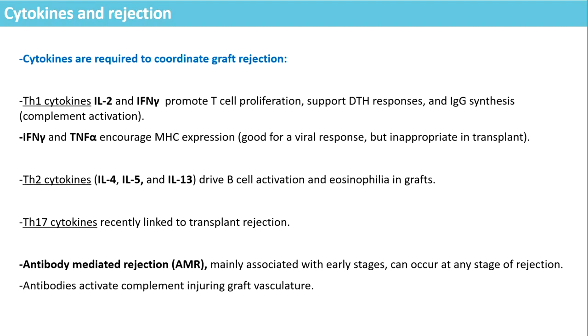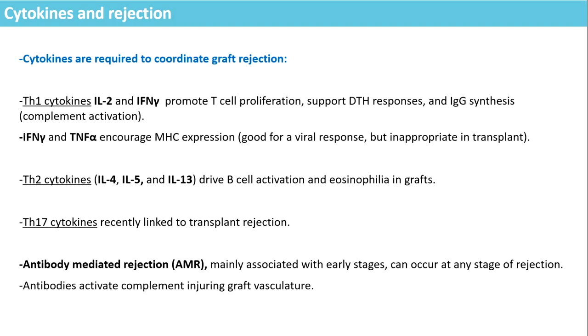So we have a look now at the cytokines. We mentioned that the cytokines are quite important in coordinating the rejection of the graft. So we have the classic Th1 cytokines, IL-2 and interferon gamma. As you know, these are going to promote and drive T cell proliferation. It's also going to help the delayed type hypersensitivity response, and we're also going to get complement activation.